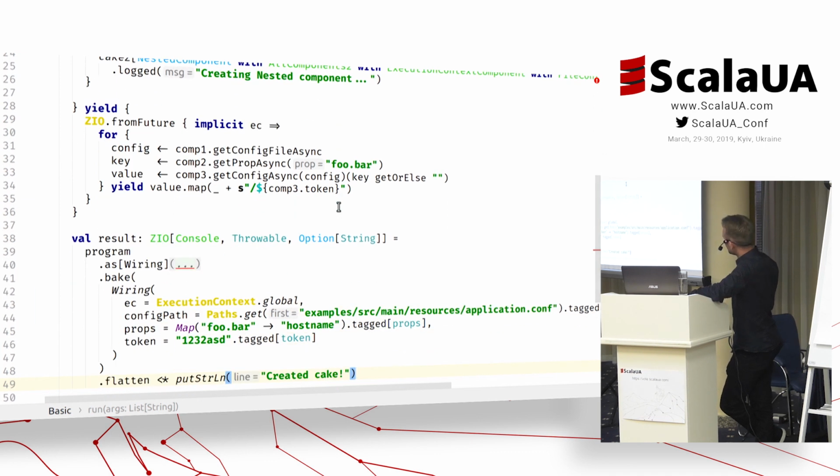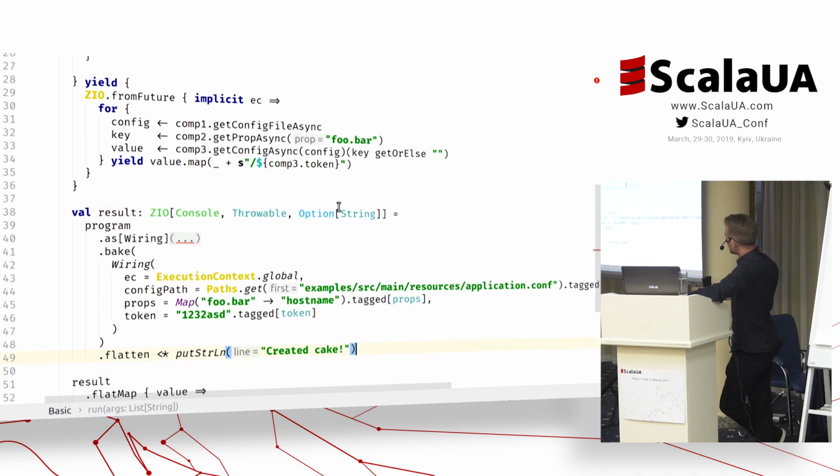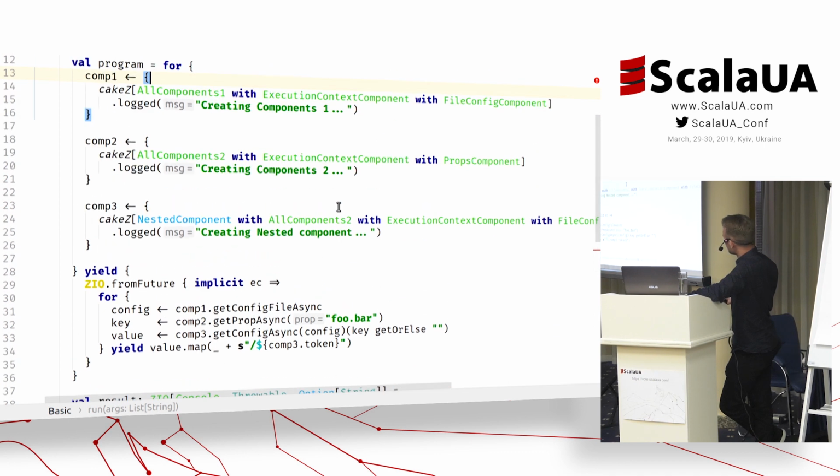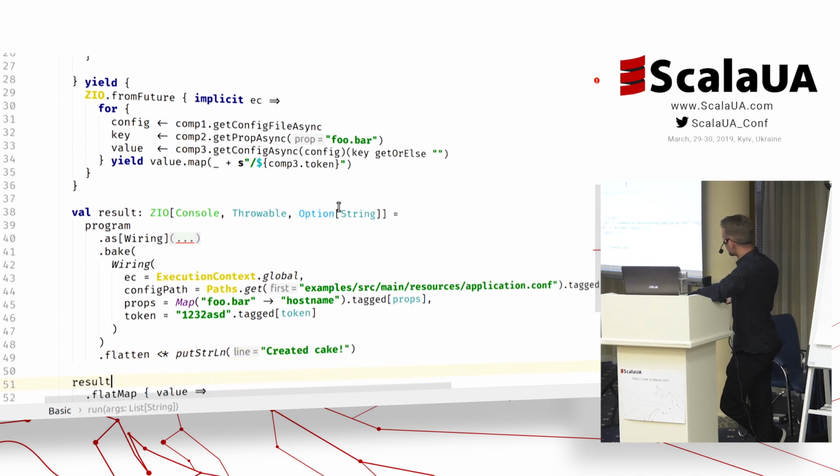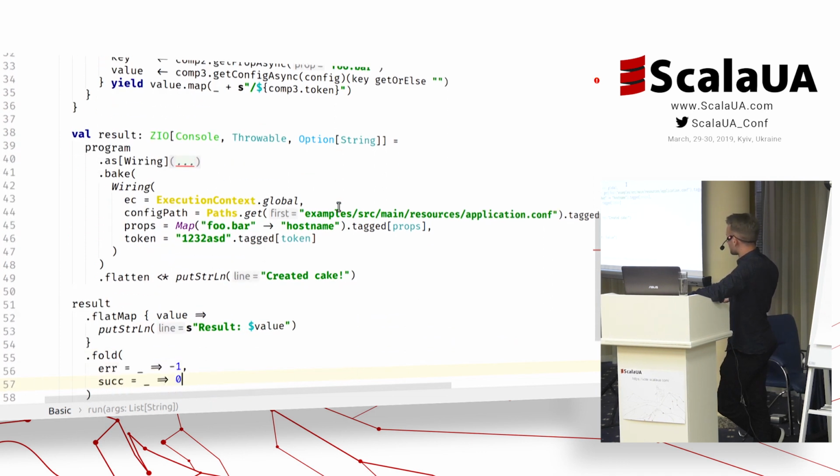Then, having this program, we can provide all the dependencies by hand or automatically on the top of the program. Keeping dependency injection, it's just a few lines of code. It's much less than the cake pattern. And then work with this result.